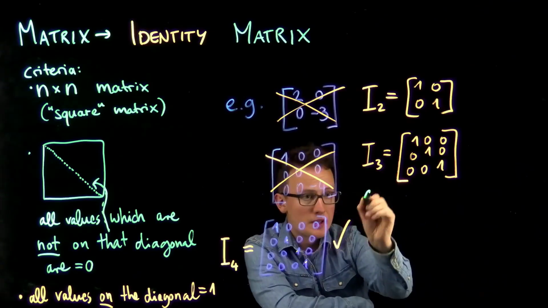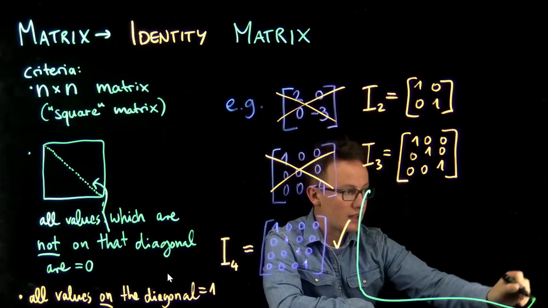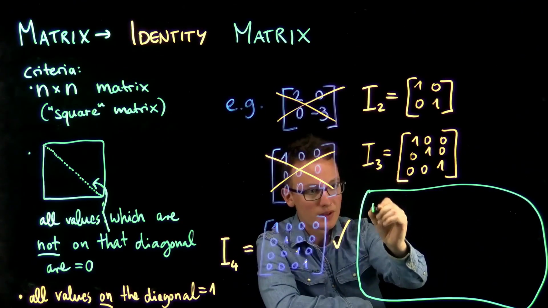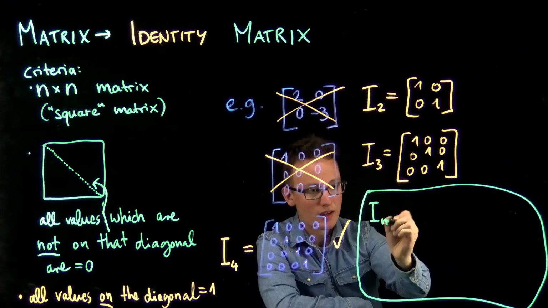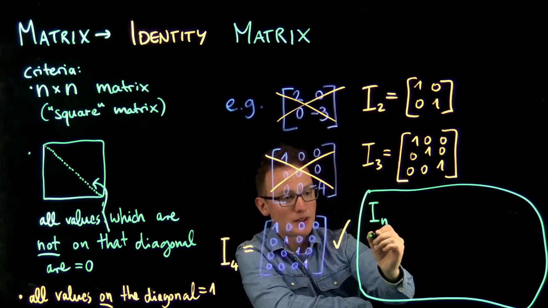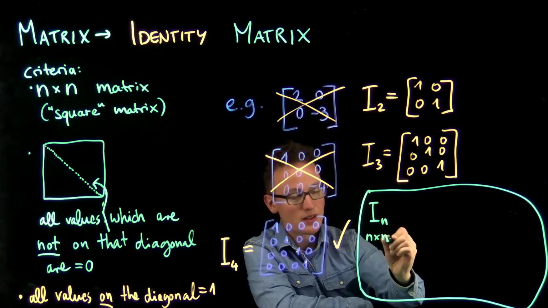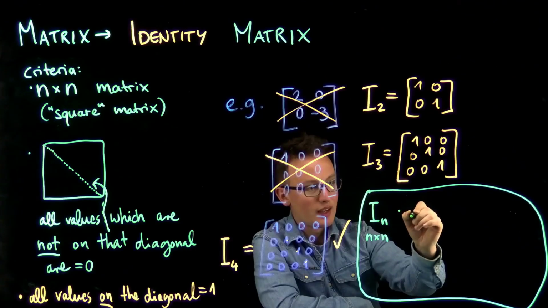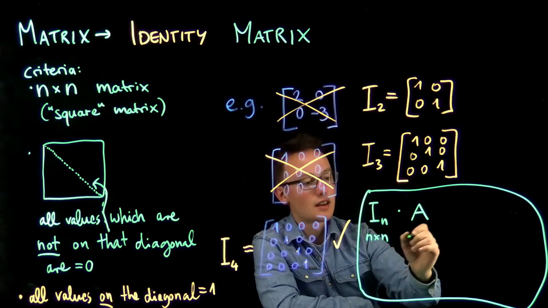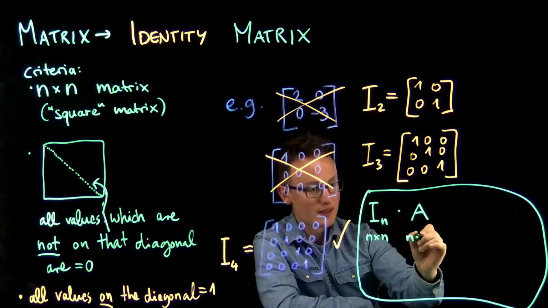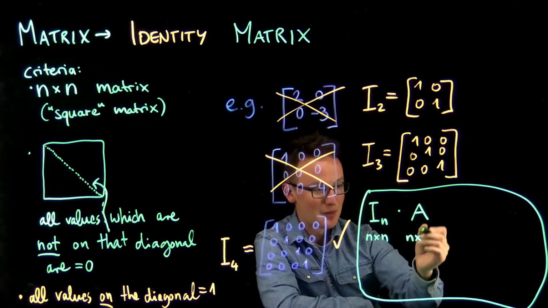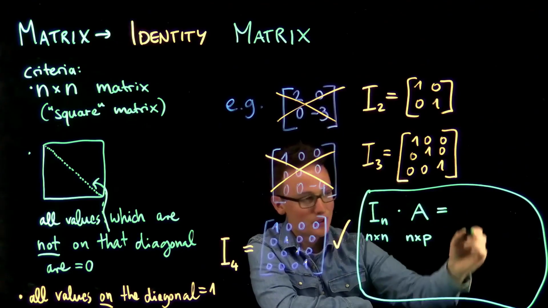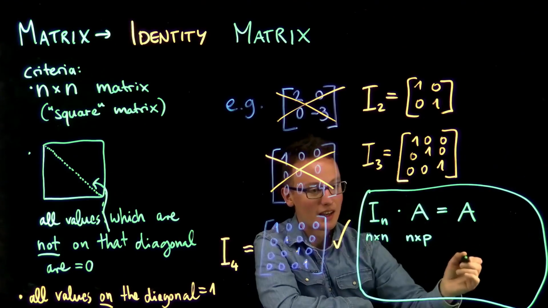An interesting property of the identity matrix at dimension n is that if we take this identity matrix, so I subscript n, which obviously has the dimensions n times n, it's a square matrix, and then we multiply it with any other matrix A which has n rows and some number of columns, then this will be exactly equal to this matrix A again.